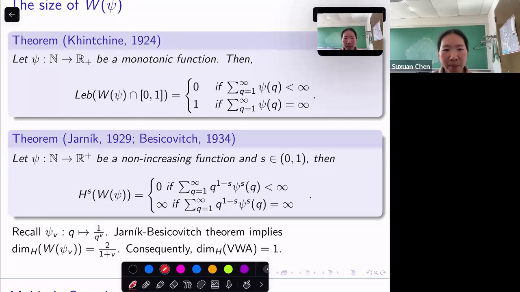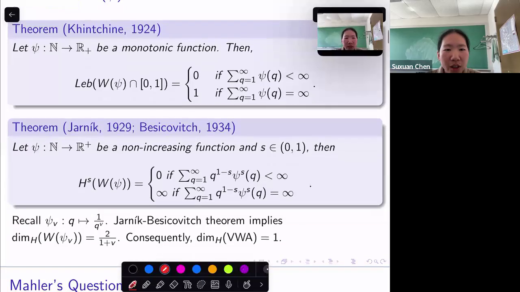Then the s-dimensional Hausdorff measure of W psi is equal to 0 if the infinite sum of q to the power 1 minus s times psi(q)^s converges, and is equal to infinity otherwise.